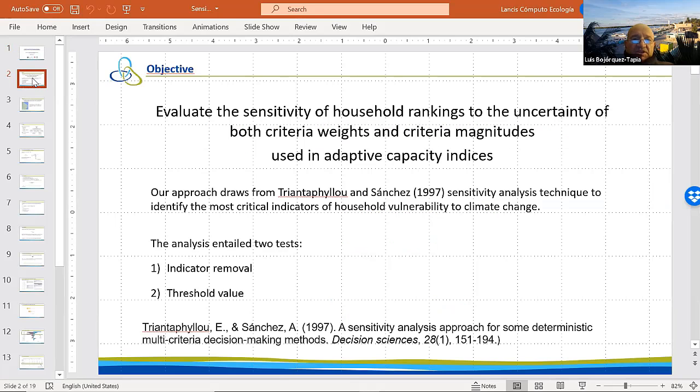We draw from Triantaphyllou and Sánchez sensitivity analysis to identify the most critical indicators, but because in this case the interest was to assess the change between the two surveys, we use two types of tests: indicator removal and threshold value.